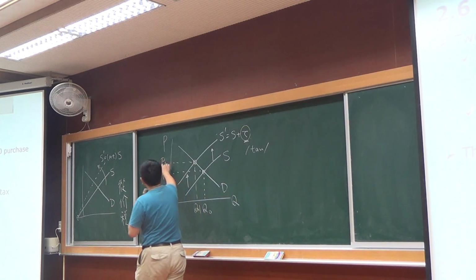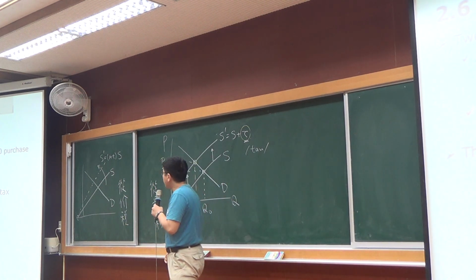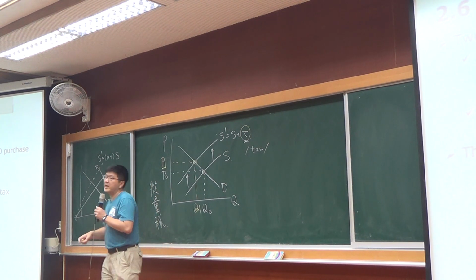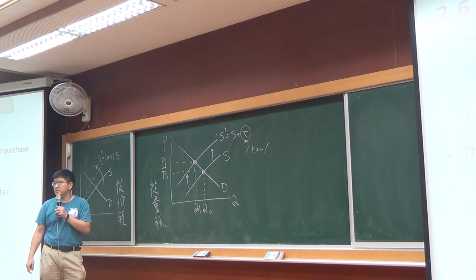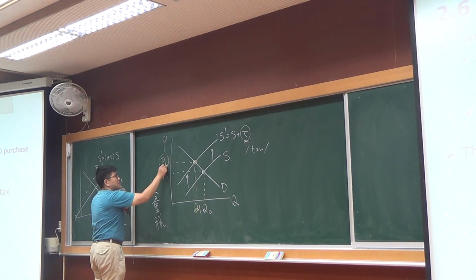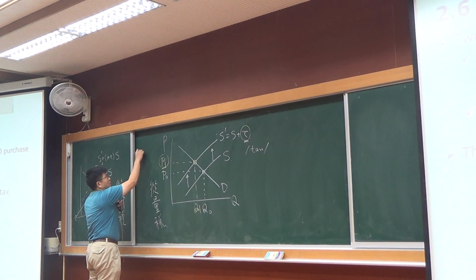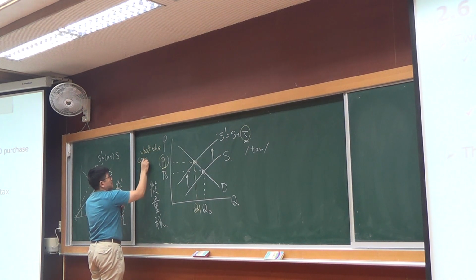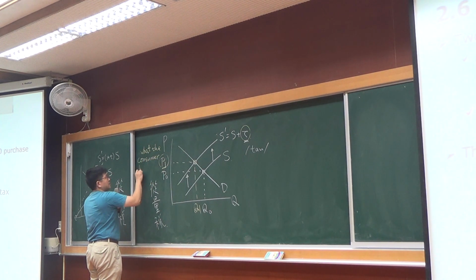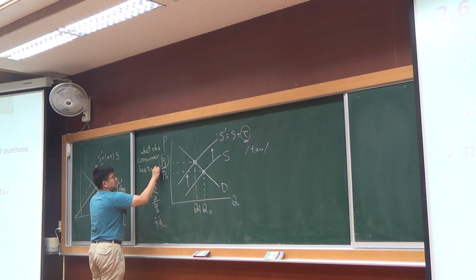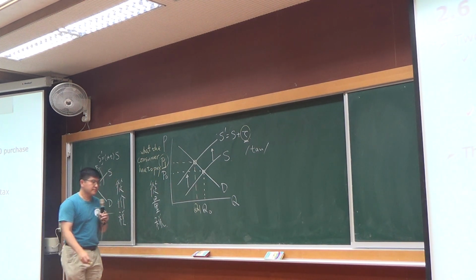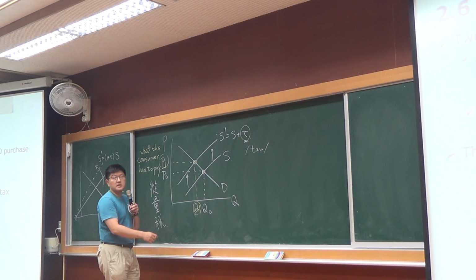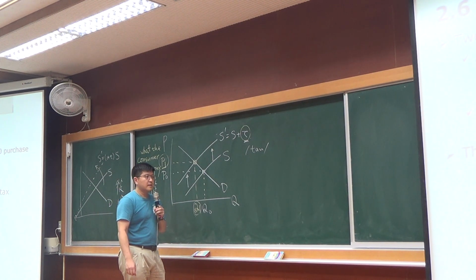Now P1 is the price that the consumer has to pay. Otherwise, the consumer cannot buy this good, right? So this price, P1, is what the consumer has to pay. And Q1 is the quantity after taxation.